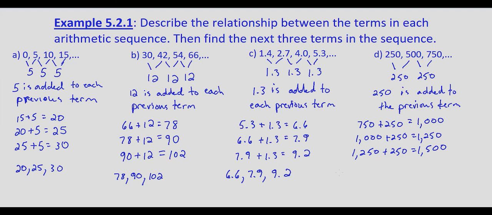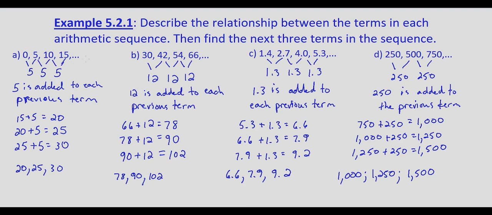So our next three terms are 1,000, 1,250, and 1,500.